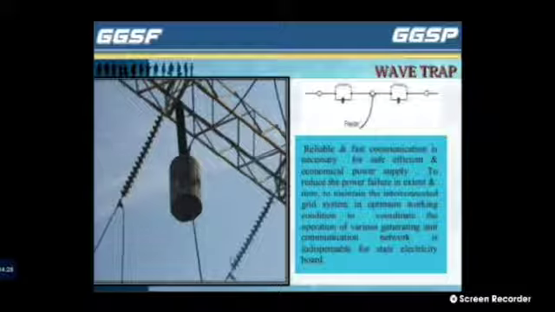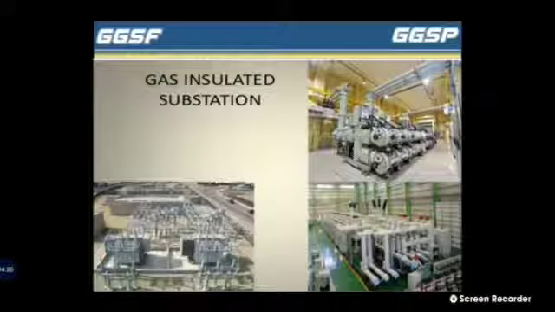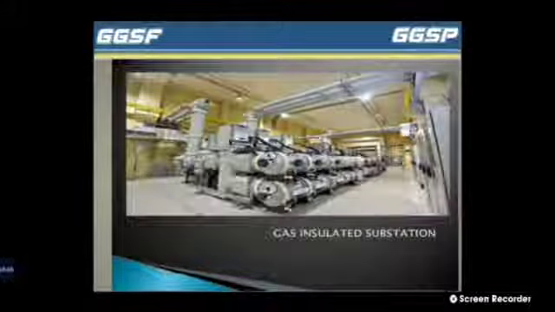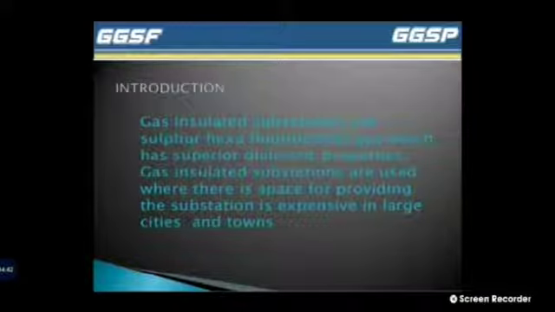Now next is the gas insulated substation. These are images of gas insulated substations. This image is also a gas insulated substation. A gas insulated substation uses sulfur hexafluoride gas, which has superior dielectric properties.